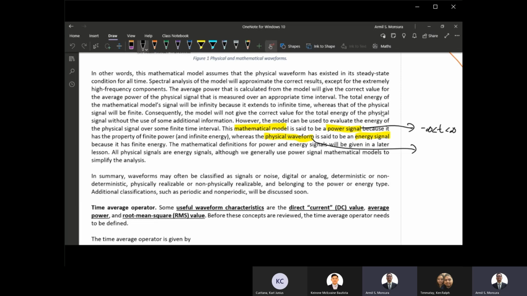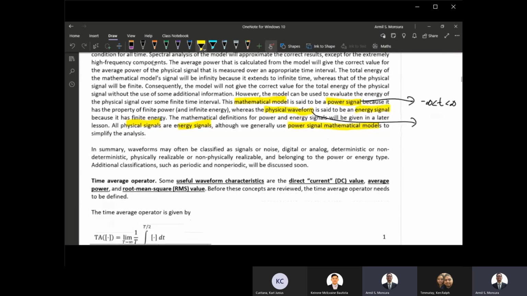So physically we say your signals are energy signals, but we will use power signal mathematical models so that our analysis will be simpler. So we use the term waveform to pertain to signals.